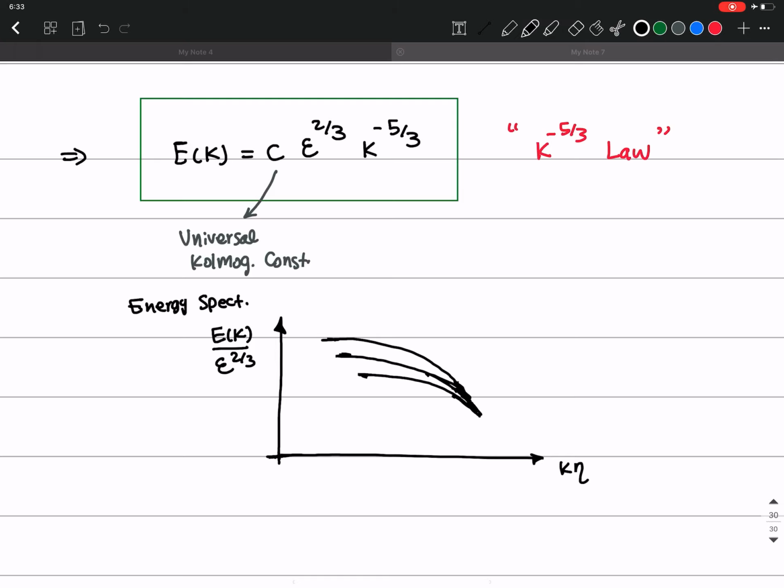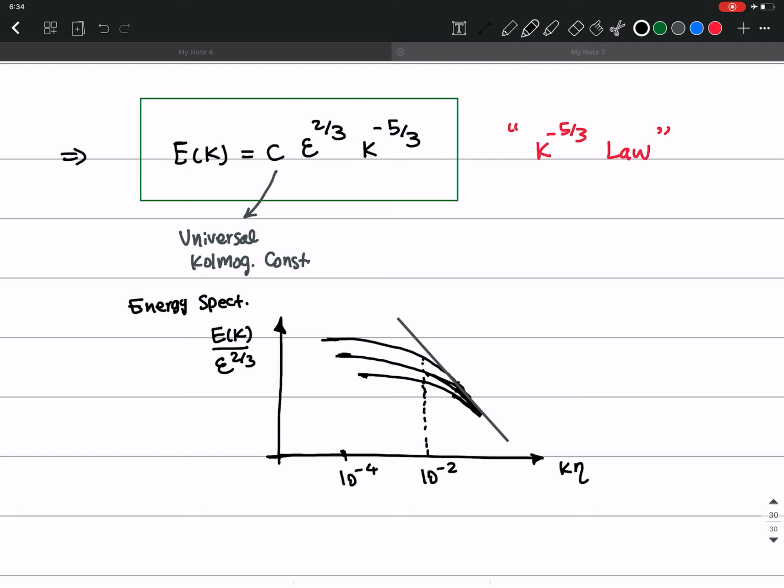Also, the more important thing is that if you plot this in, say, a logarithmic scale, you will see this k to the minus 5/3 law, which has been applied a lot in the literature. Let's say here we have 10 to the minus 2, and here we have 10 to the minus 4.